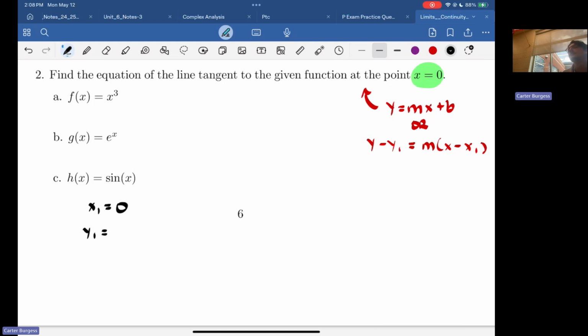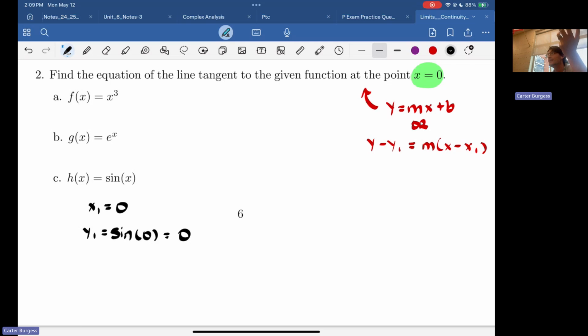How do I find it? Yeah, we do sine of 0. The y value would be 0. Okay, so that's our x1 and that's our y1.